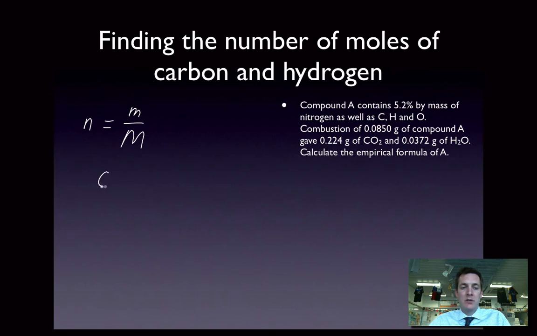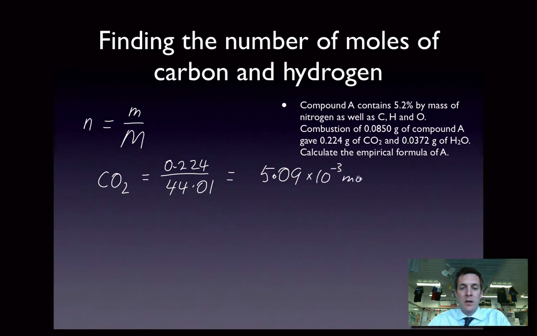So for carbon dioxide that's going to be 0.224 over 44.01. You can calculate the molar mass of carbon dioxide, right? And if you plug those numbers into a calculator like I have, you get 5.09 times 10 to the minus 3 moles.